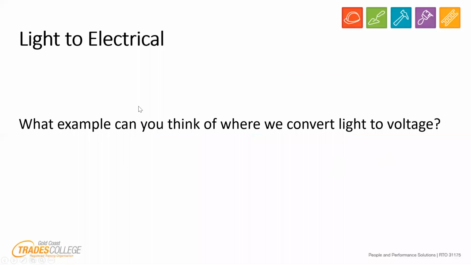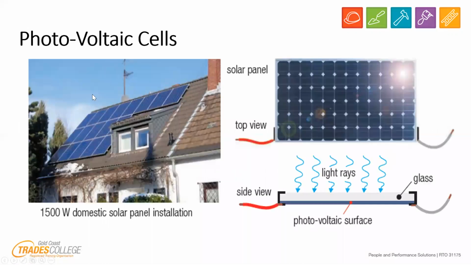Okay. So where do we use light to electrical? Light being photons. Photons are particles of light. Where do we use that? Hopefully that gave you enough time to think. Hopefully all of us thought of solar panels. But you don't call them solar panels anymore. If you're in my course, you call them photovoltaic cells.